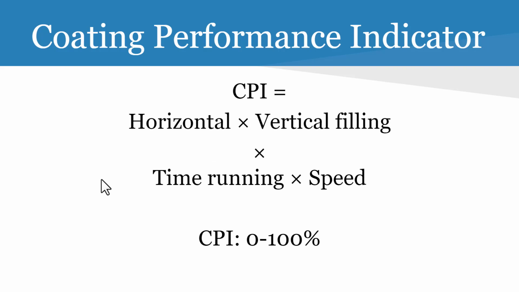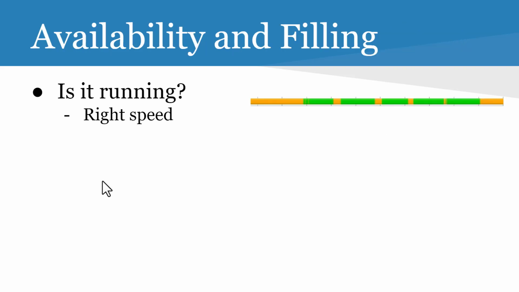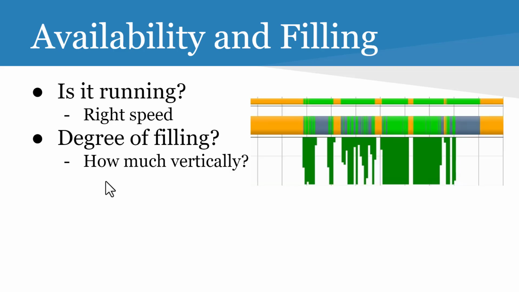So what we get out of this system, before I show the installation, is whether the conveyor is running at the right speed, an easy stop and running graph like this. But then we can also look at degree of filling.